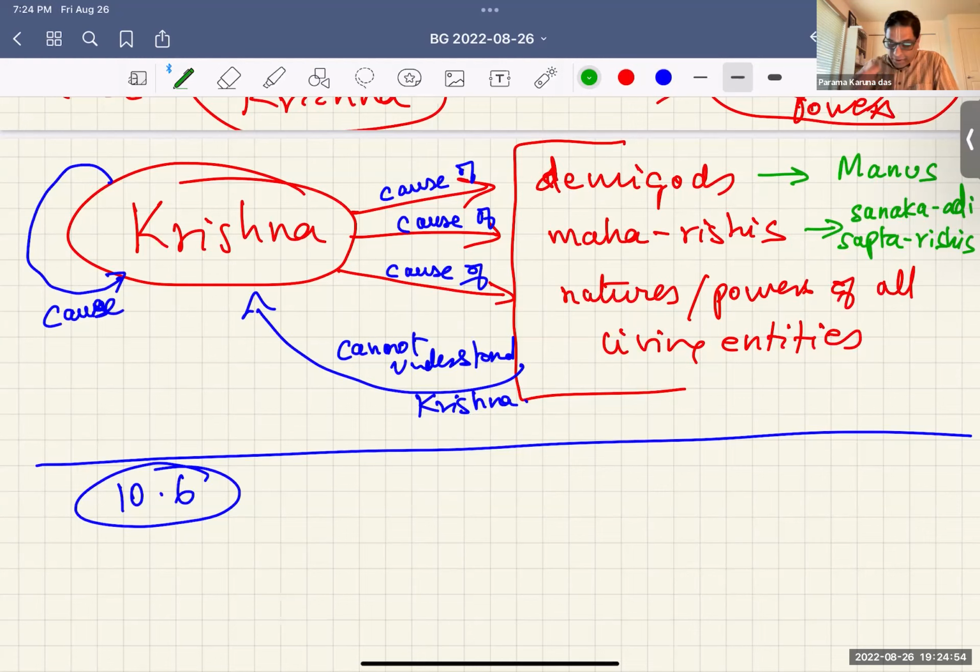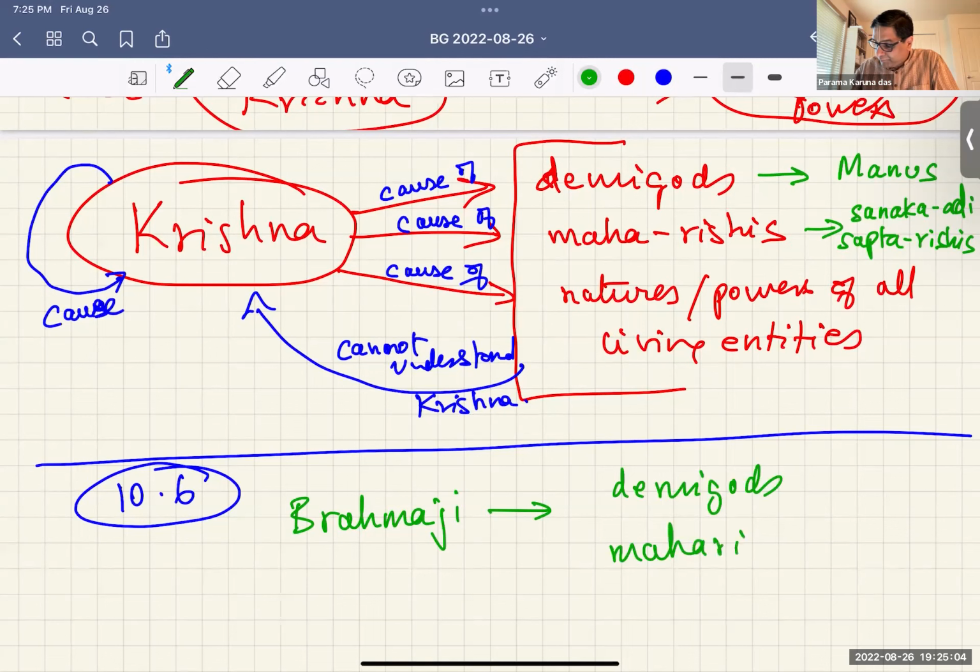But we have heard that Brahmaji is the source of the demigods and maharishis. That Brahmaji is the source. You are saying you are the source. Can you please clarify this contradiction? Which is correct, that Brahmaji is the source of the demigods and the maharishis?